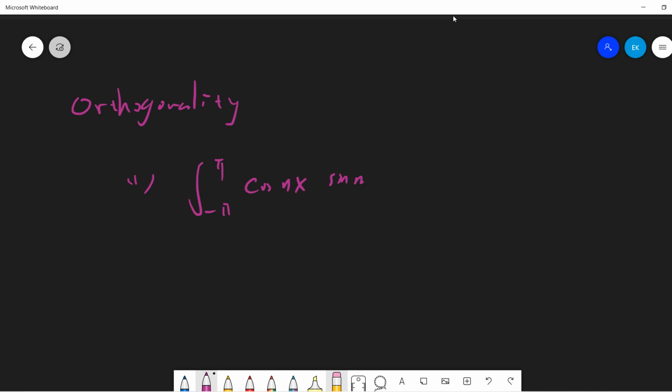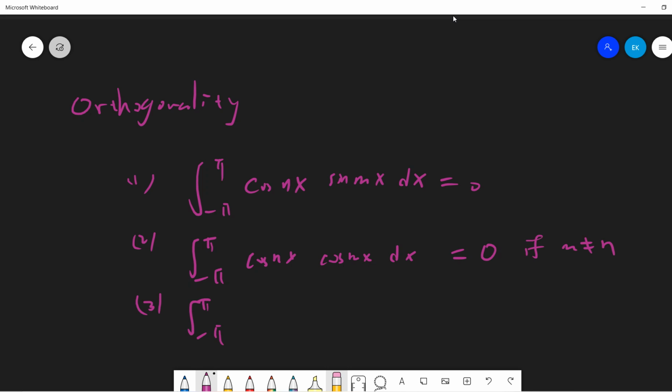One is this, and the second is if you have two cosines, then this is 0 if m is not equal to n, and the same for the sines if m is not equal to n.